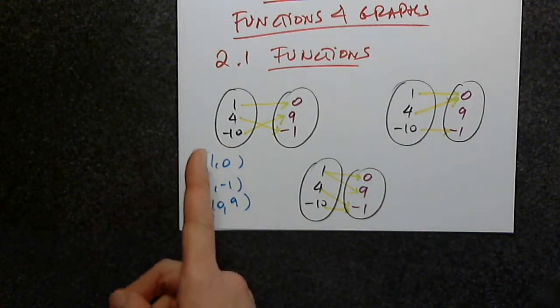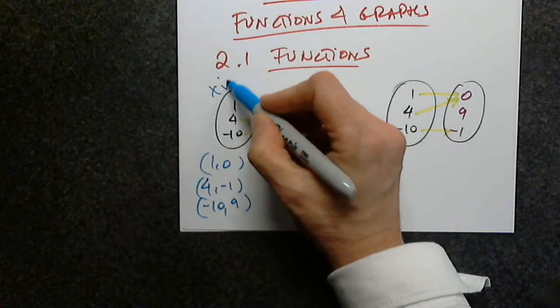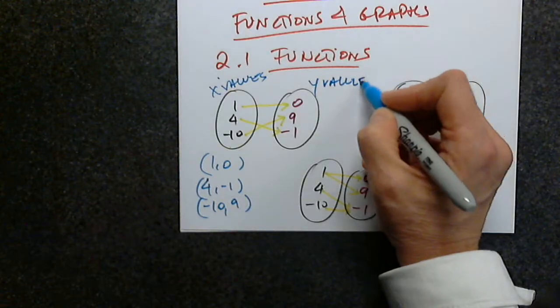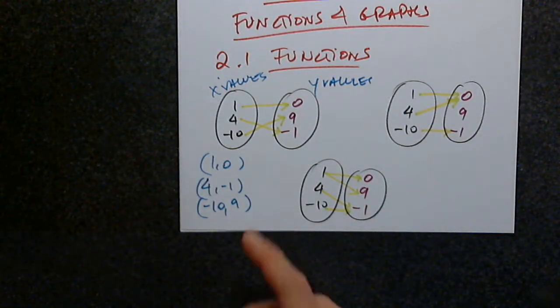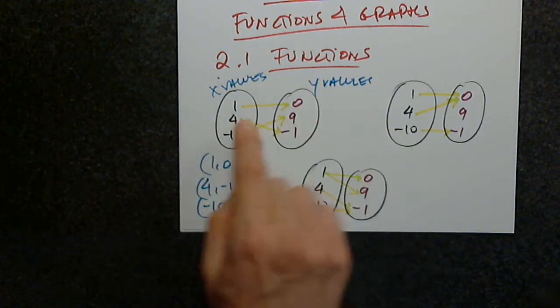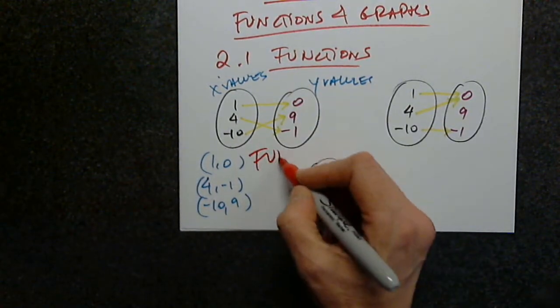So I see that each x value, of course, these are all x values, and these are y values for all 3. So I see that each x corresponds to exactly 1 y. This is what is called a function.